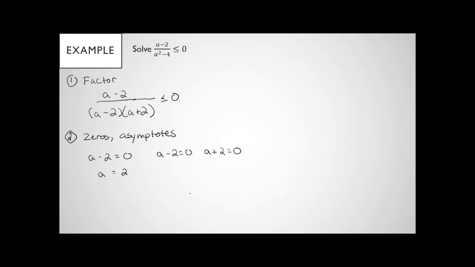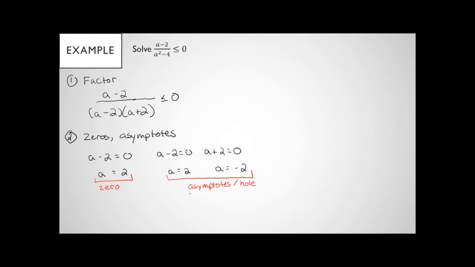So we get x equals 2, x equals 2, x equals -2. So the top here is a 0. The bottom here, these are our asymptotes, or if there's something that can cancel, that could produce a hole, if you recall that from our rational functions.